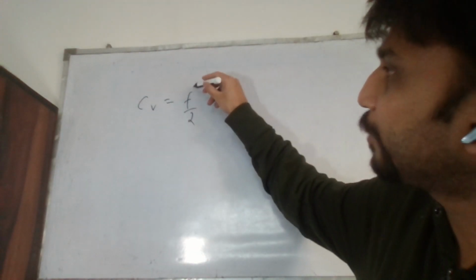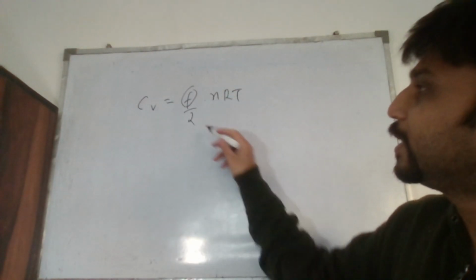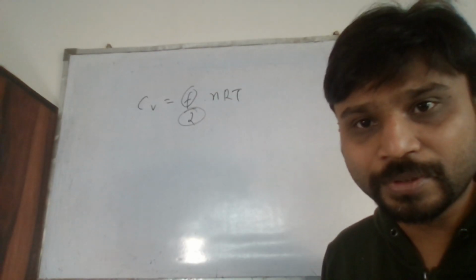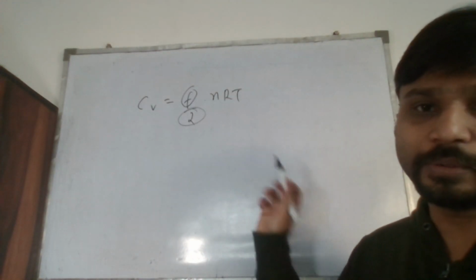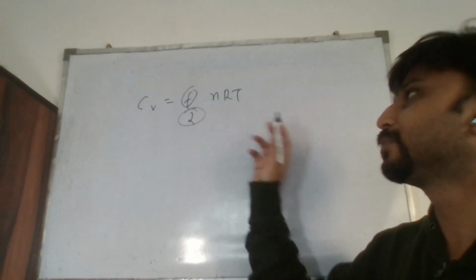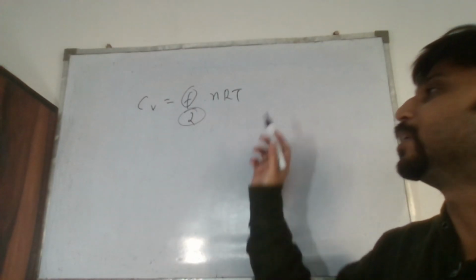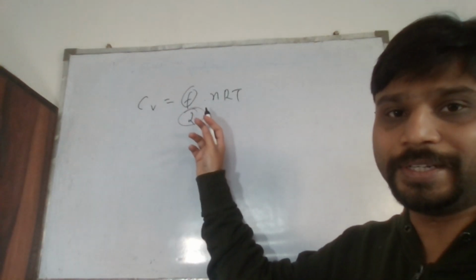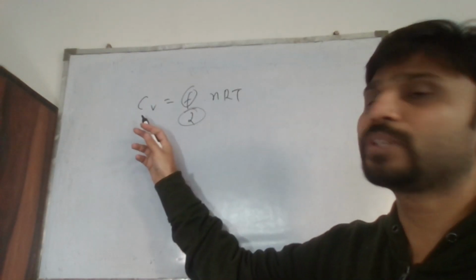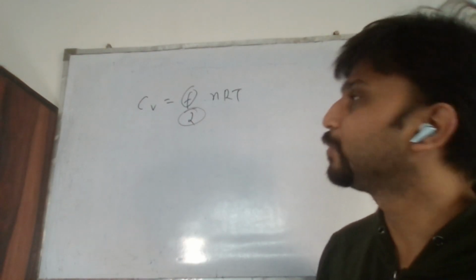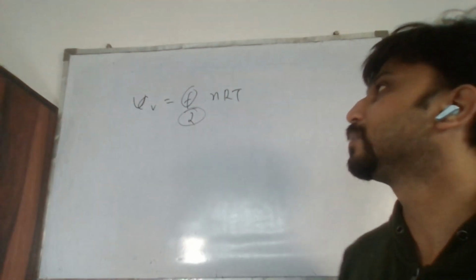Where did that F come from? Where does that 2 come from? It came from our factor half kT. If we multiply half kT with the degree of freedom, we'll get the total internal energy of the gas.